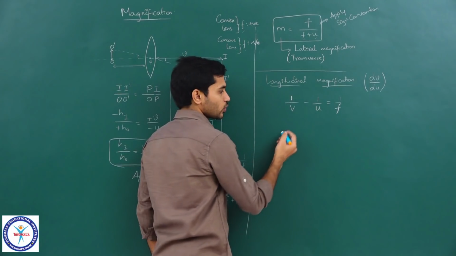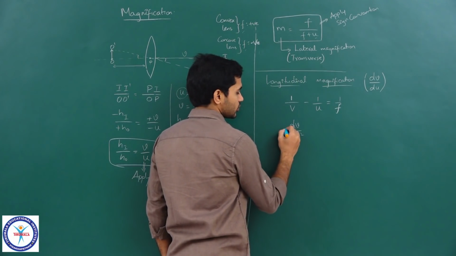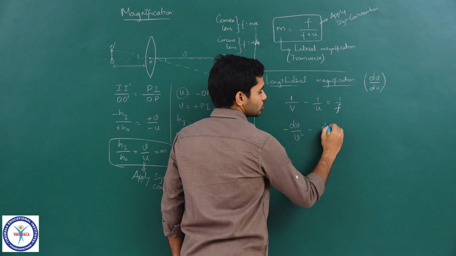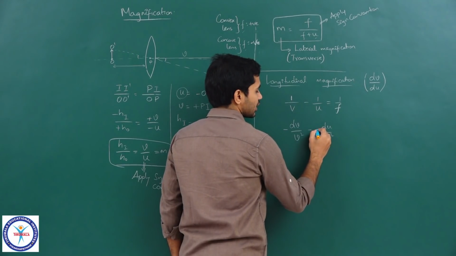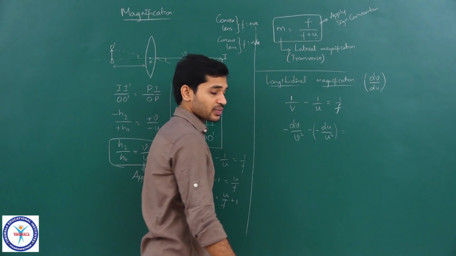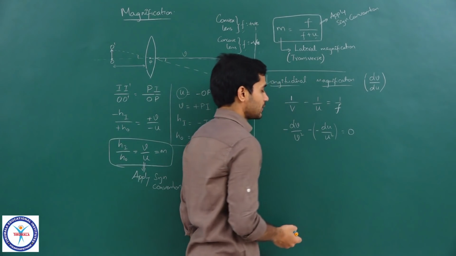If I differentiate this, what will I get? Minus dv by v square minus, minus du by u square is equal to the derivative of 1 by f. 1 by f is a constant, so when I differentiate it, I will be getting 0.